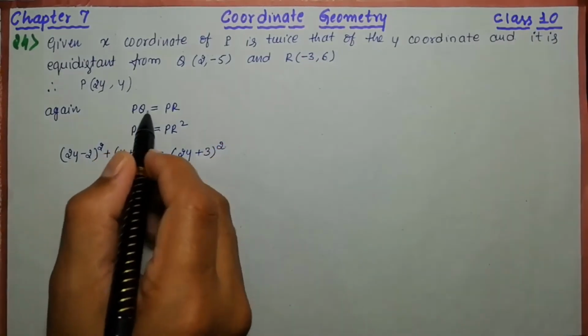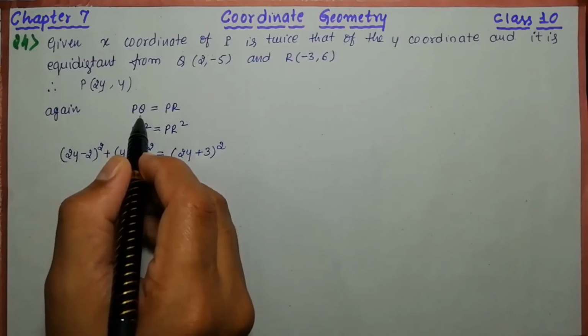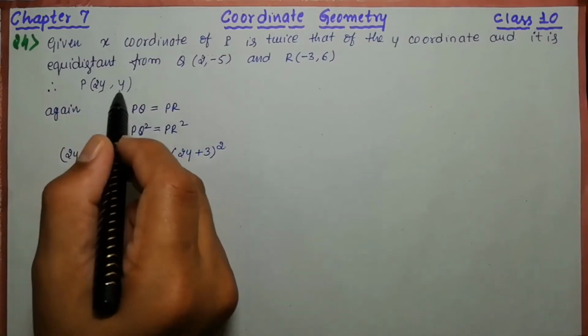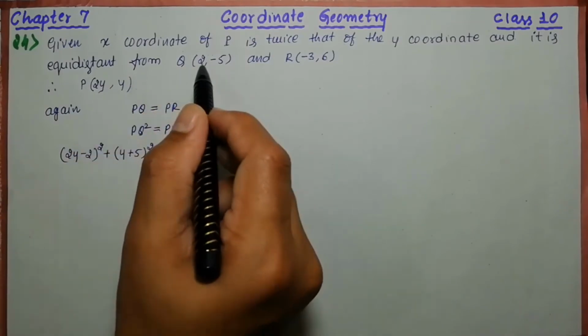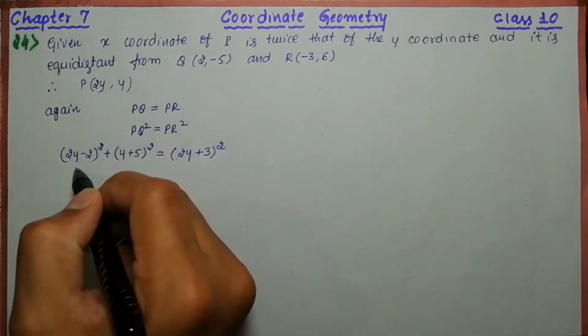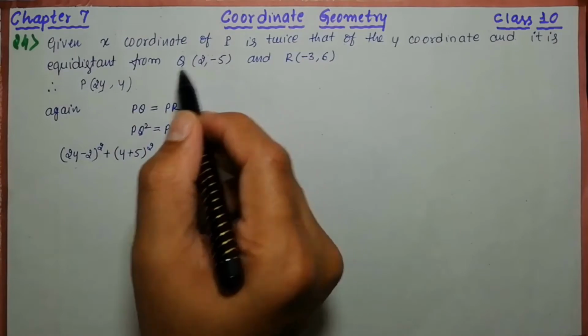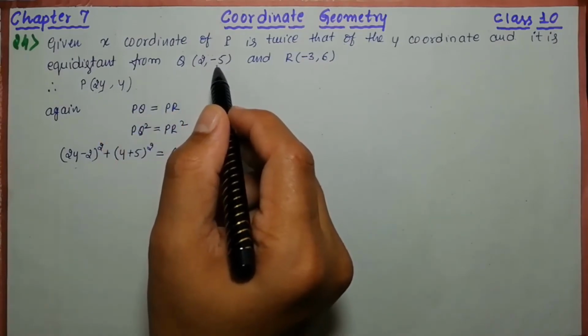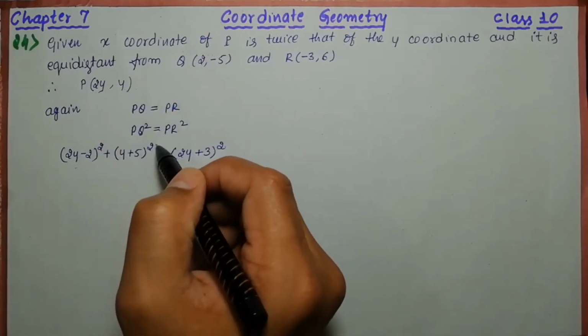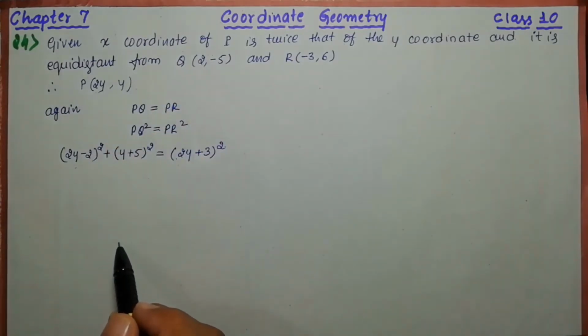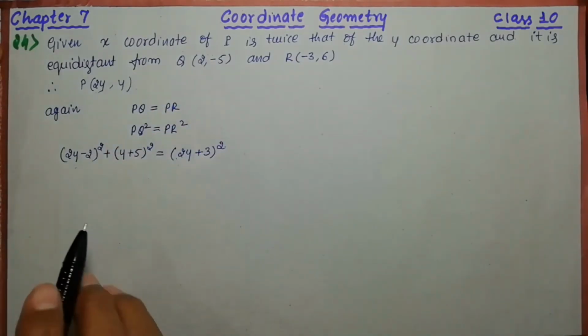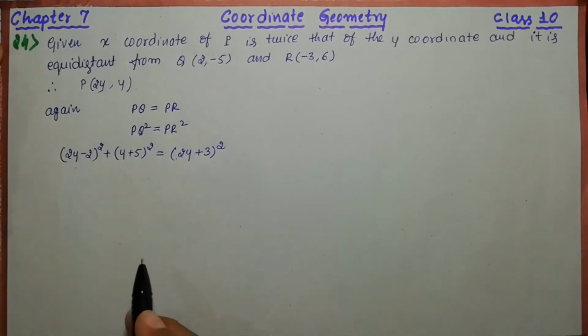While evaluating PQ, I considered this one as x2, y2 and this one as x1, y1. X2 minus x1 means (2y minus 2) whole square, and y2 minus y1 means y minus of minus 5, y plus 5 whole square. If you take the reverse, you will get the same thing. There will be no change. I have given this in the note: if you take reverse order, there is no change in the final answer.